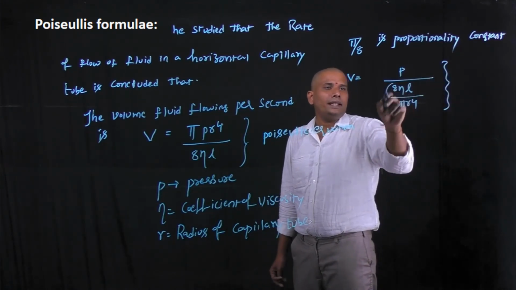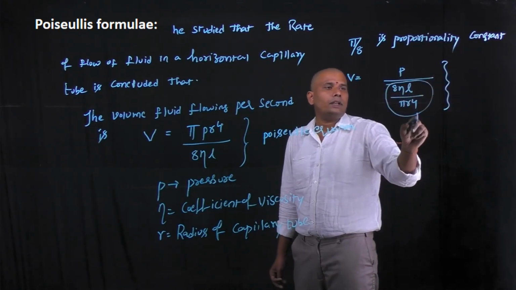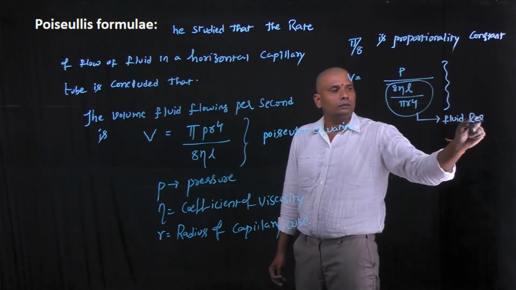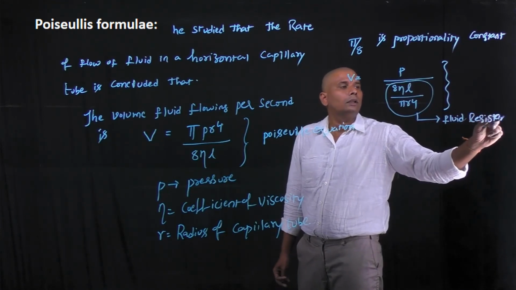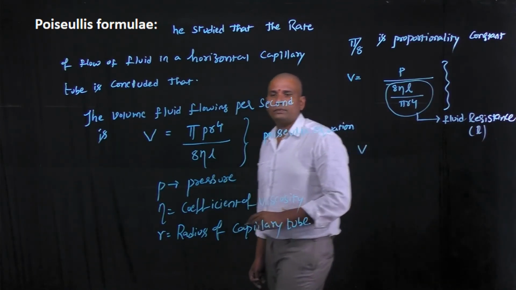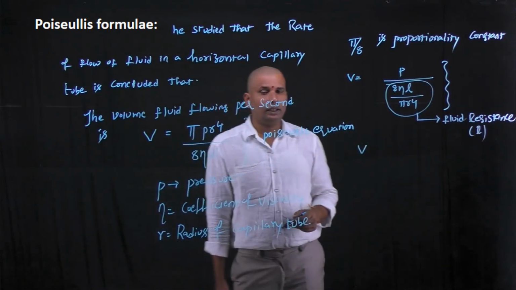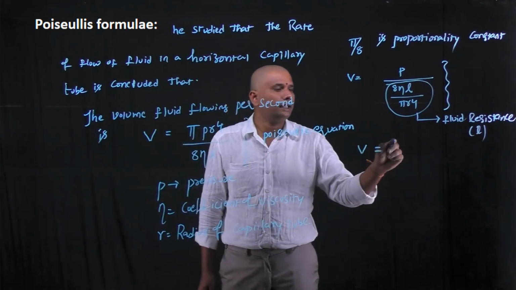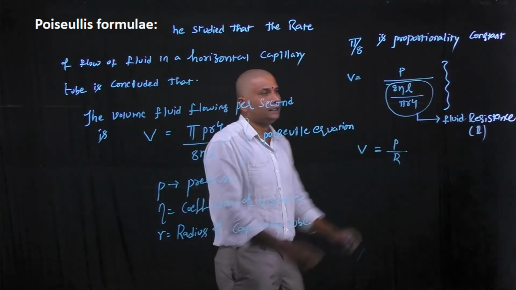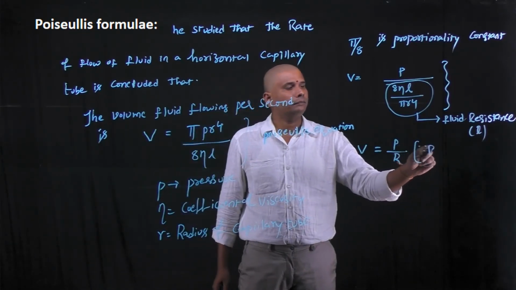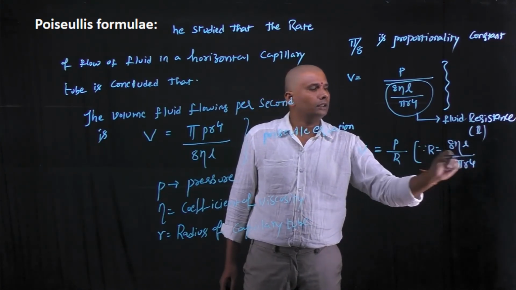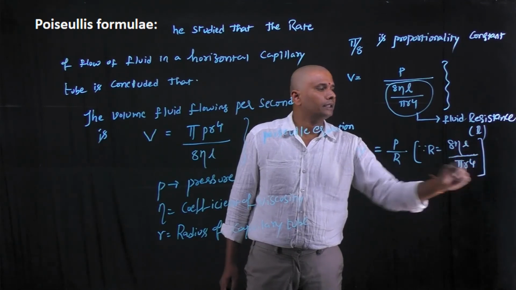The term 8 eta L by pi r power 4 is called fluid resistance, capital R. Simply, the volume of the fluid flowing through a horizontal capillary tube per second is written as pressure by fluid resistance, where the fluid resistance is 8 eta L by pi r power 4. This is the formula for the fluid resistance.